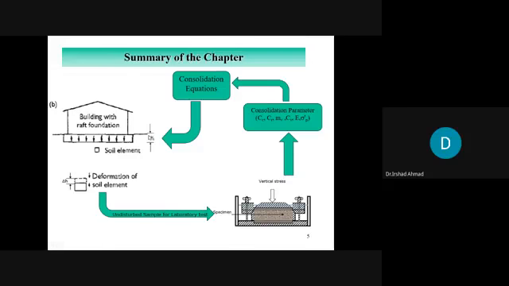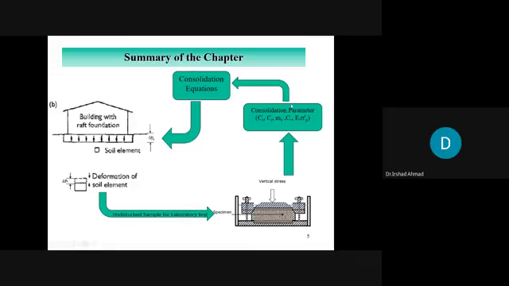So we take an undisturbed soil specimen, bring it to the laboratory to conduct an oedometer or one-dimensional consolidation test. The data that you obtain from this test, you process it and find CC, CR, MV, and some other parameters that we are going to discuss in coming lectures.